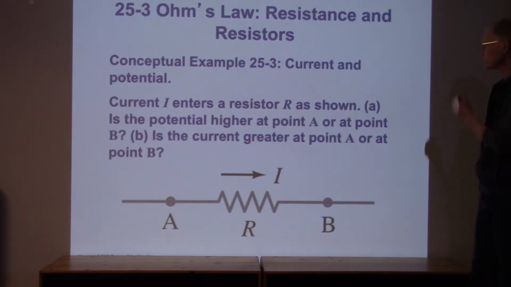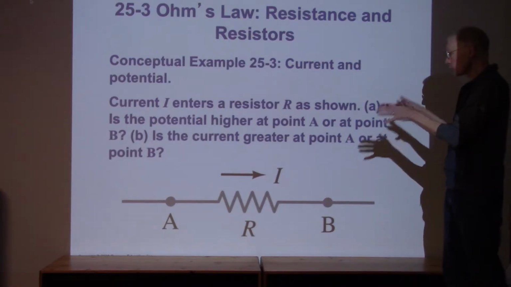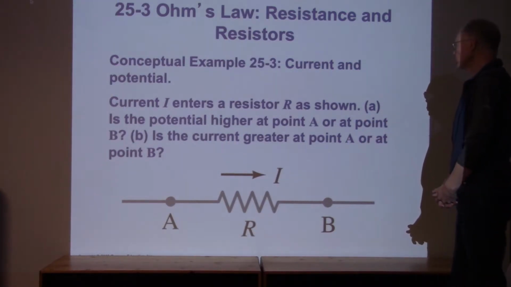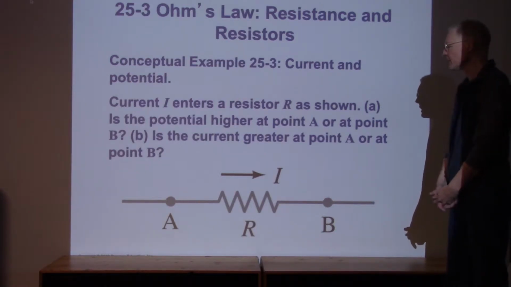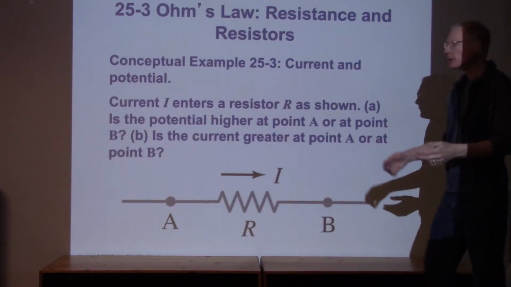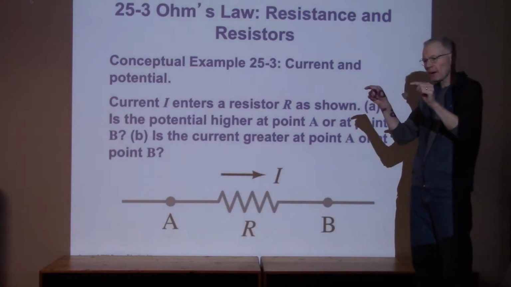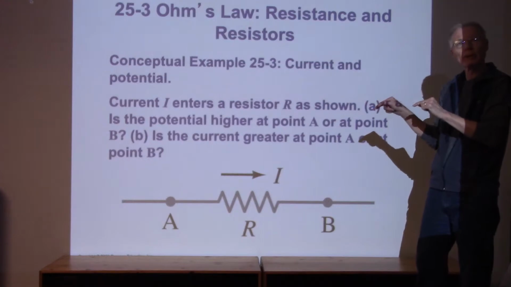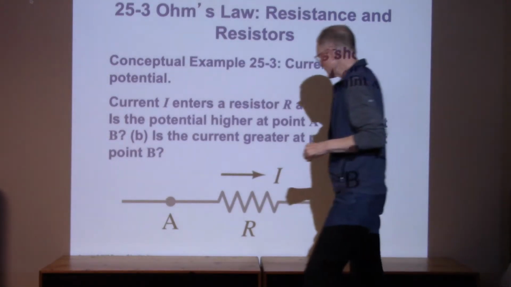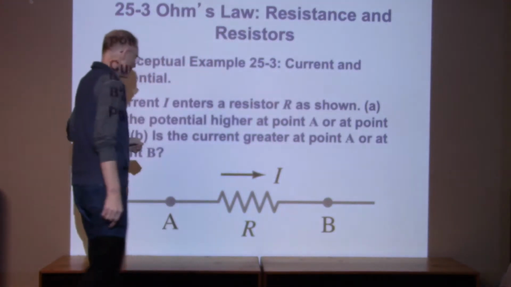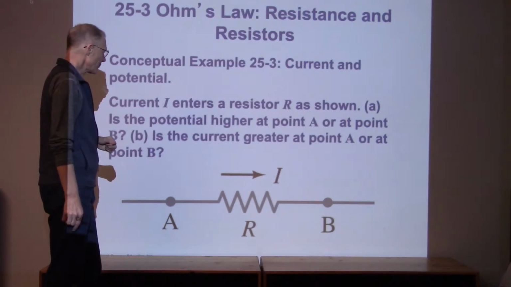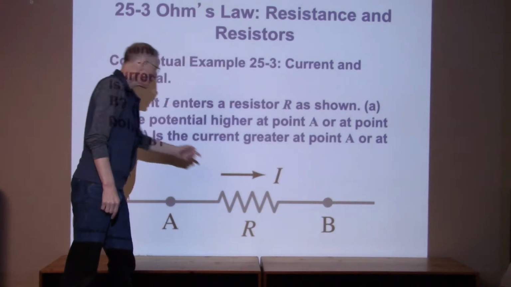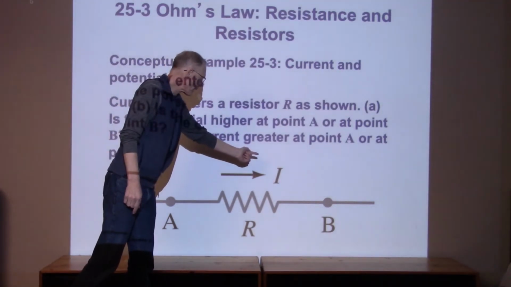Now here, what it's showing is we're getting prepared to start looking at circuits and asking about voltages. We've talked already about getting out our voltmeters and measuring different voltages, and now we want to do that in a circuit, component by component. Here's a resistor, and current is going through in that direction.